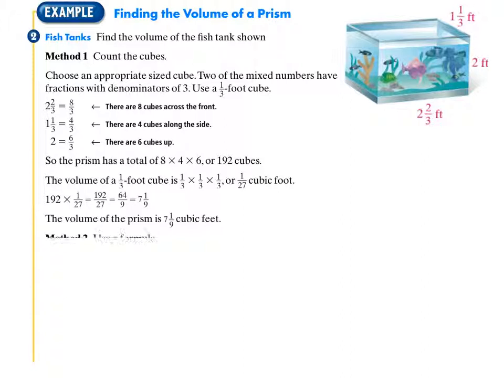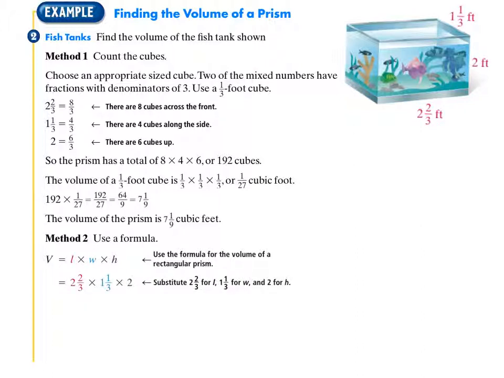We can also use the formula method. So we use the formula for the volume of a rectangular prism, length times width times height. So that would be 2 2/3 times 1 1/3 times 2. So we convert those mixed numbers into improper fractions.